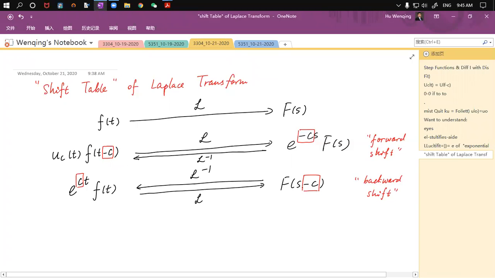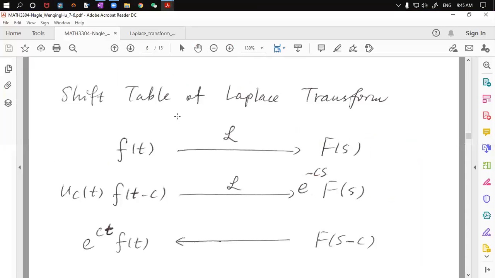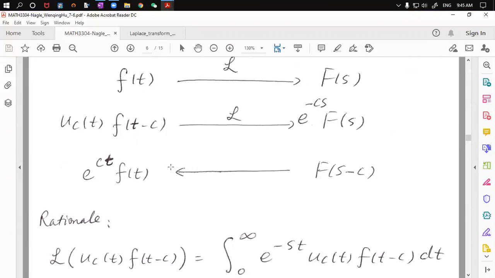If you want to eliminate just a shift, you have to go in this direction, and it becomes the exponential shift. That really depends on the calculation and your observation, and we're going to practice them throughout our lectures to make sure that you understand the shift table appropriately. This is going to be very important for our future lectures.